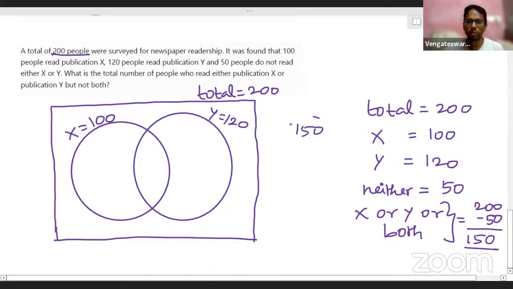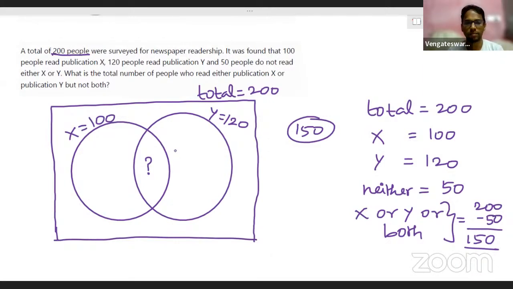So 150 people are reading any one of them. Now, the only thing we need to find here is this intersection portion. How can we get that intersection portion? Any idea? See, I have 100 people here. I have 120 people here. That means, what about this intersection area? Any guess how many people will be there in that region? I mean, how many people read both? That's my question.